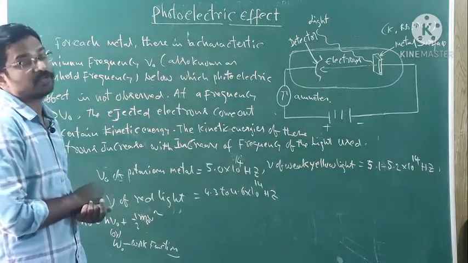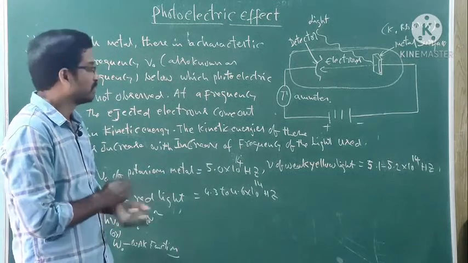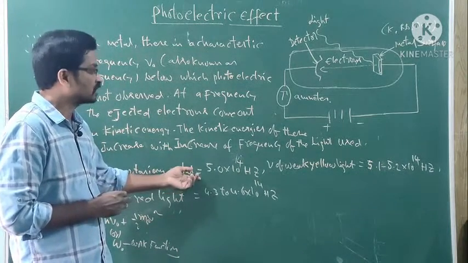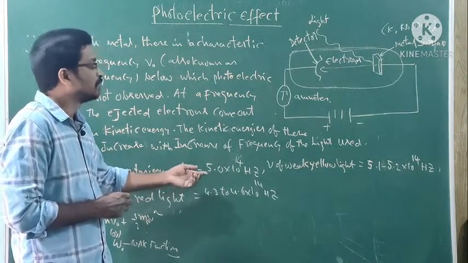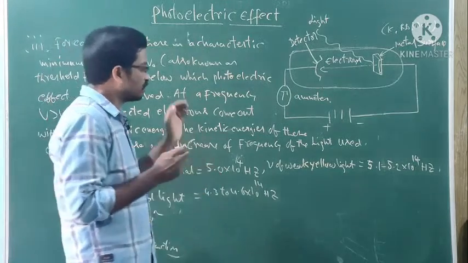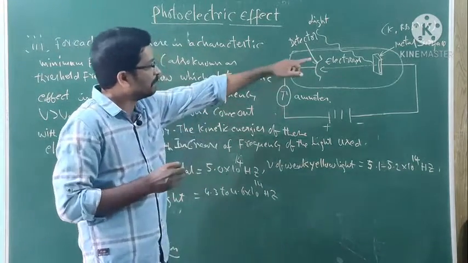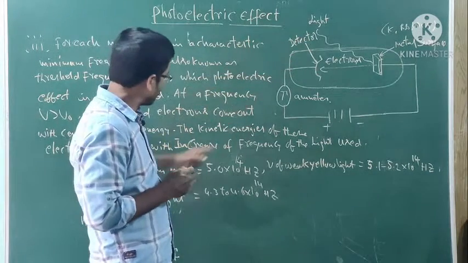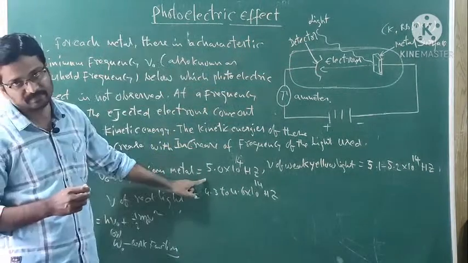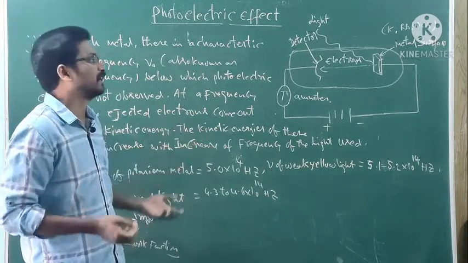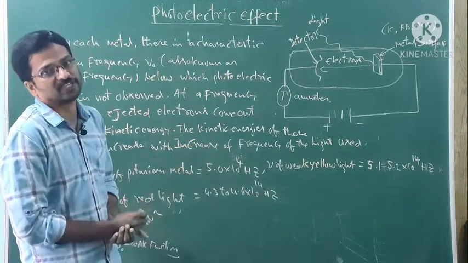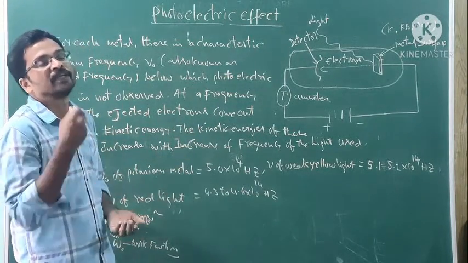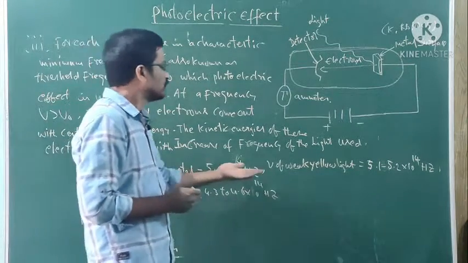When the light falling on the metal surface has a frequency greater than the metal's threshold frequency, then only the ejection of electrons takes place.